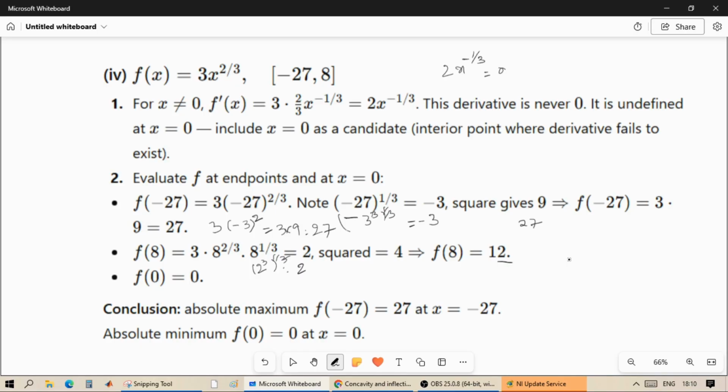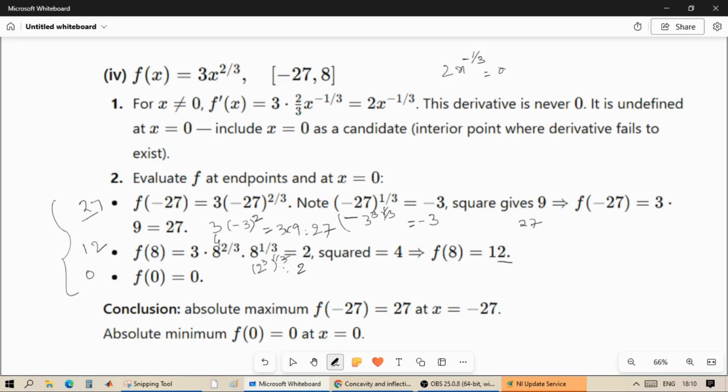Then 2 square is 4. So f of 8 equals 4 into 3, that is 12. And f of 0, if we substitute 0, will be 0. So among these three values, f of minus 27 is 27, f of 8 is 12, and f of 0 is 0.